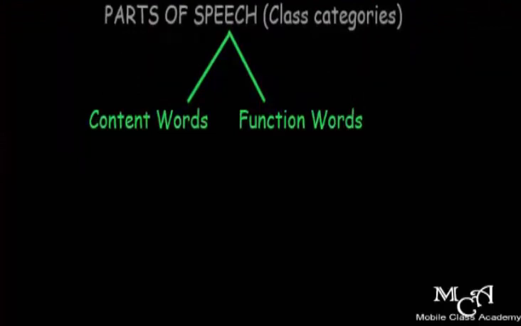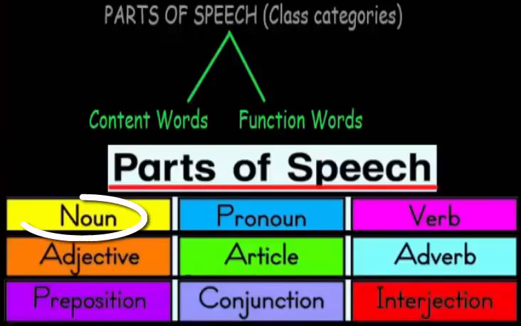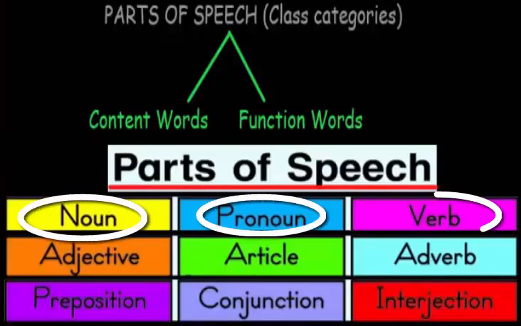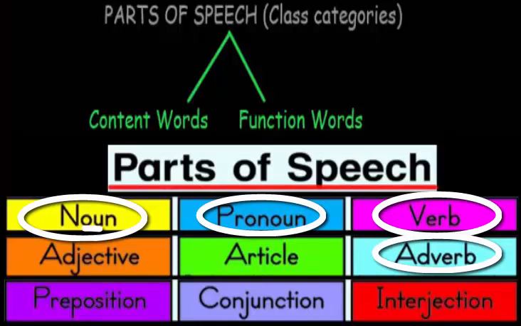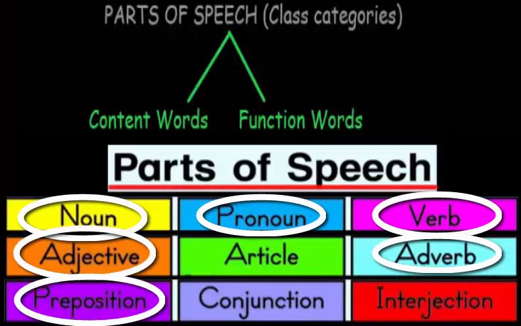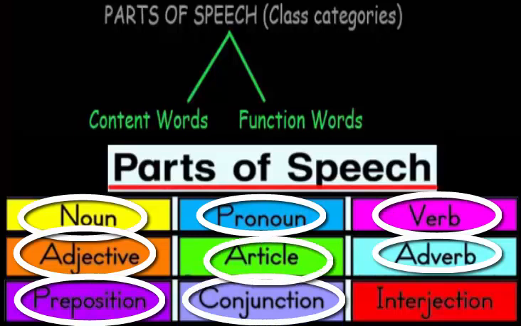I just gave you a few examples, like nouns, pronouns, verbs, adverbs, as well as adjectives. We have the preposition, we have the conjunctions, we have the articles, name them. I think they are about 8 or 9. These are the parts of speech.